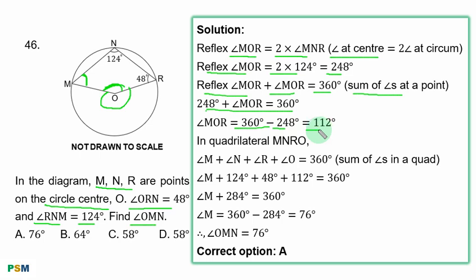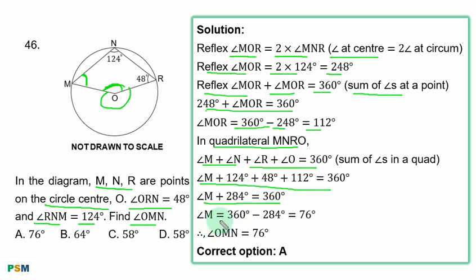You have 112 degrees. In quadrilateral MNO, if you add the 4 angles, the sum is equal to 360 degrees. You replace 3 of the known angles. You have this result.